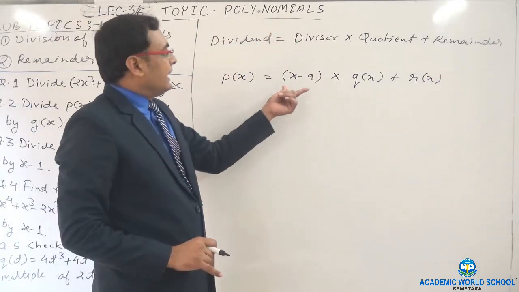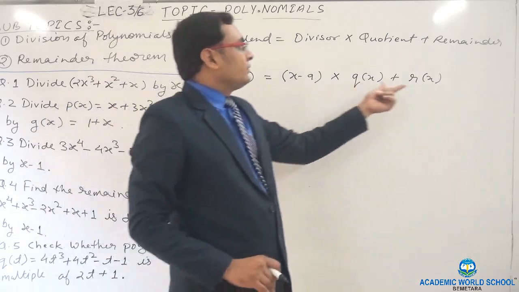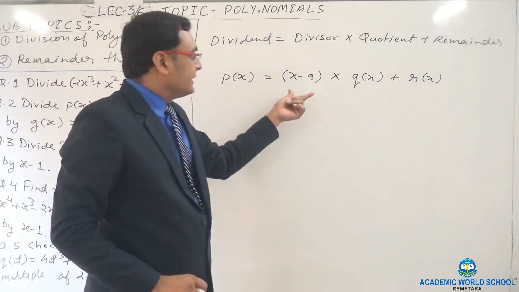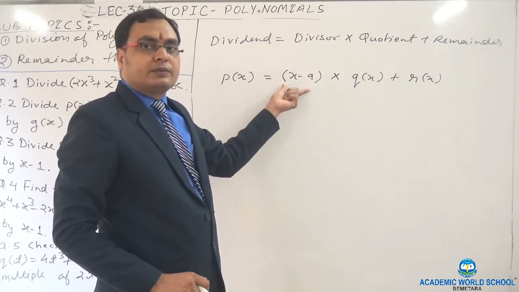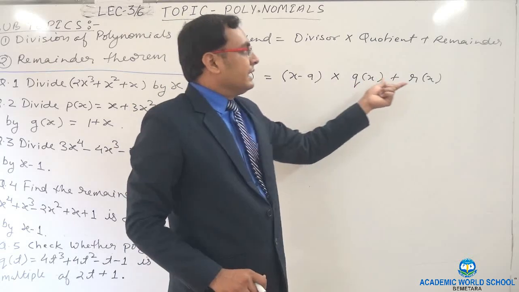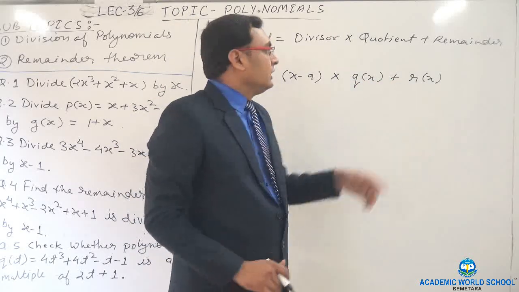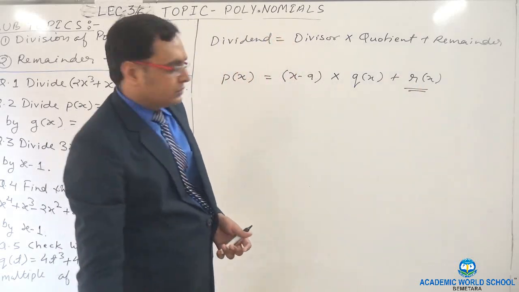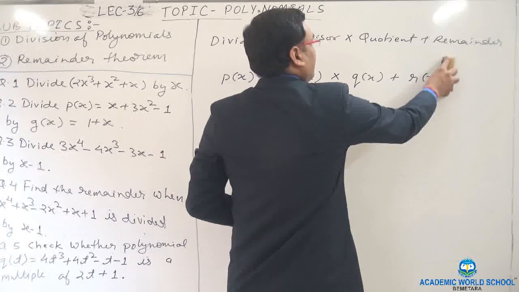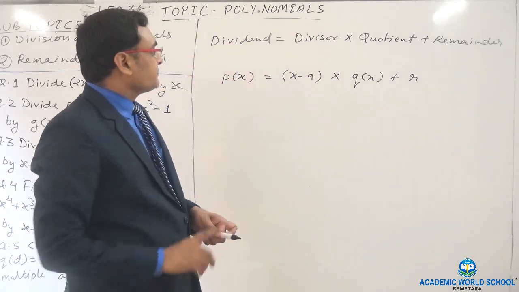Now look at here, as this divisor is a linear polynomial, the degree of the remainder will always be less than the divisor. It means if the degree of divisor is 1, then less than 1, it means 0. The degree of the remainder will be 0. So this remainder will be a constant term. So no need to write rx, it will always be a constant r remainder.